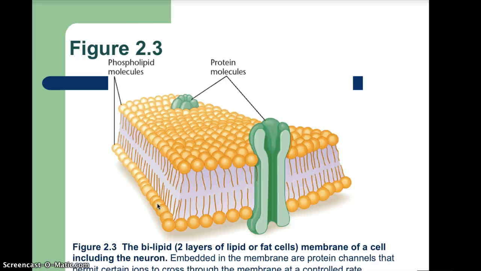Okay, so again, here you can see it easier. The two layers of lipid, here's one layer and here's another layer. So very, very tiny. And this is where the ions cross through. That's the semi-permeable part. Protein molecules, remember, are manufactured in the cell.